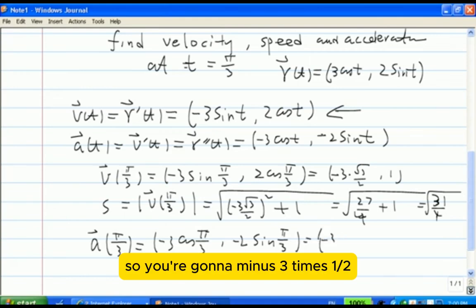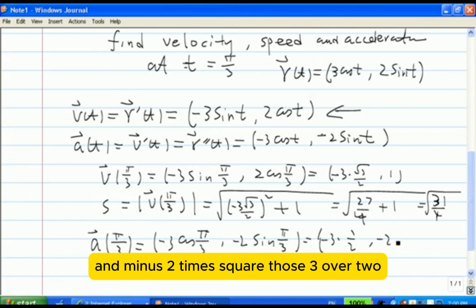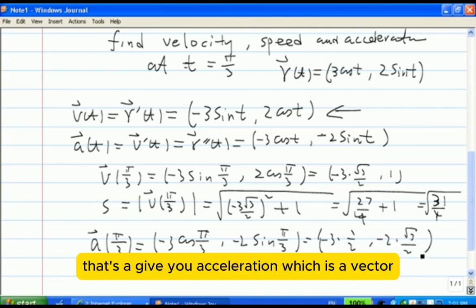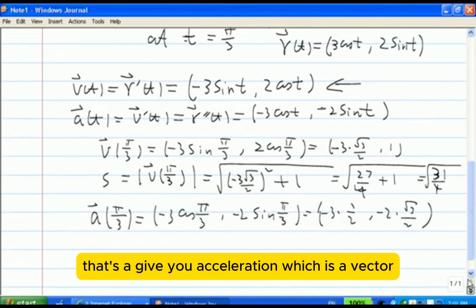So you get minus 3 times 1/2 and minus 2 times square root of 3 over 2. That gives you the acceleration, which is a vector.